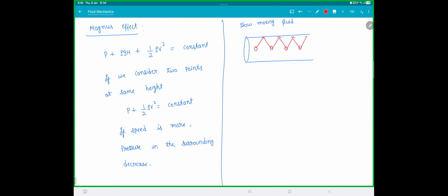Because the liquid is going slowly, you get more collisions per second. This is not pressure because the liquid is hitting the floor. When the liquid is flowing, the molecules are continuously colliding with the surrounding surfaces. So there are more collisions per second, so you get more pressure. But imagine the same thing if the liquid is going faster.